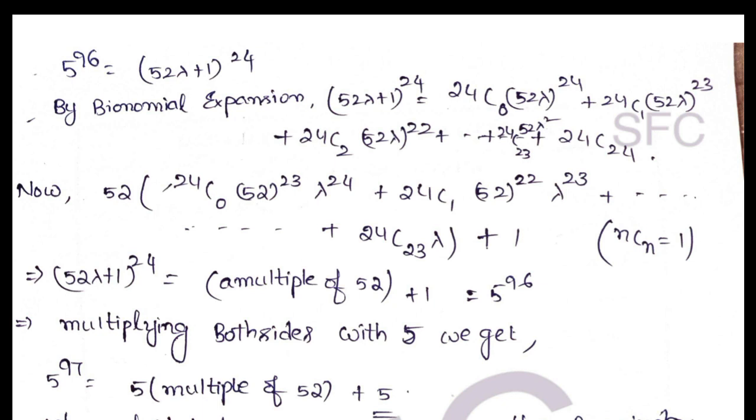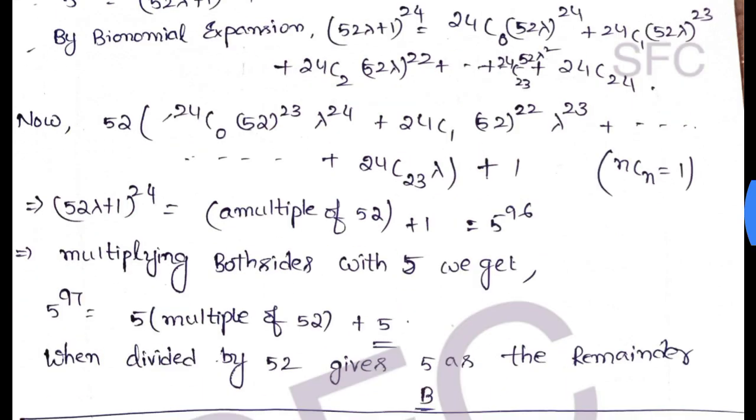Now 52 lambda plus 1 whole power 24 is equal to a multiple of 52 plus 1. Why have we written a multiple of 52? Because we have already taken 52 as the common factor from all these terms. So when you divide this by 52, we will get the remainder as 1.